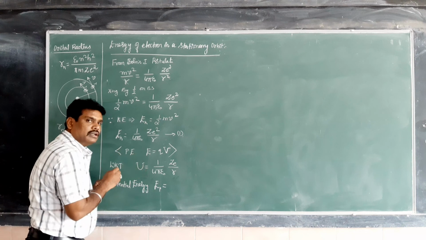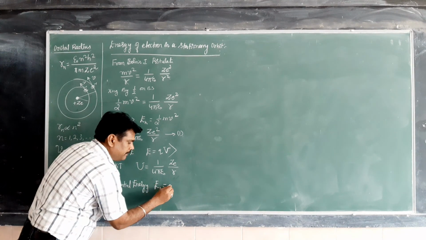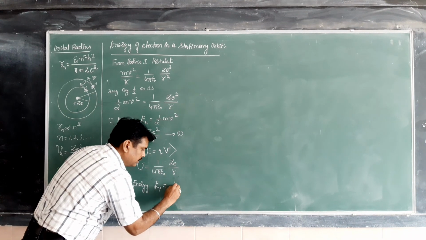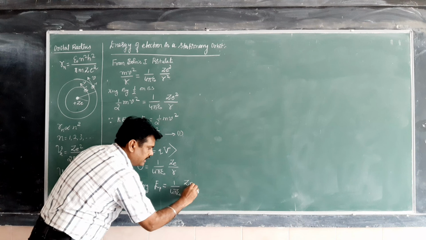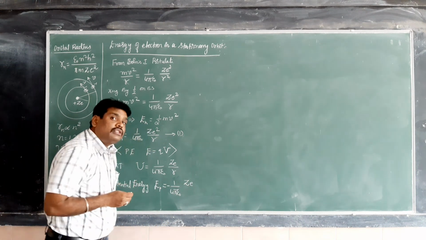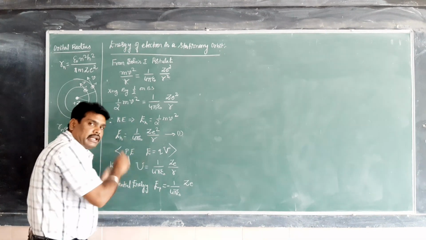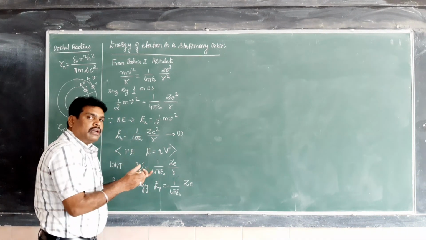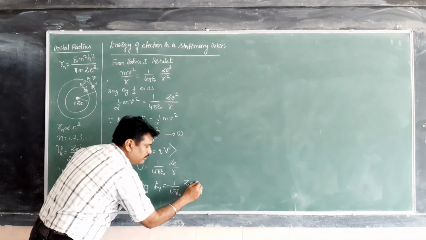So this is 1 divided by 4 pi epsilon naught into Ze into minus e. Minus e is taken as minus only, because while taking potential we have to take the sign. If it is field, or Coulomb's inverse square law, whether it may be electron or not, you can take the magnitude, that's it. So here it will become minus e.